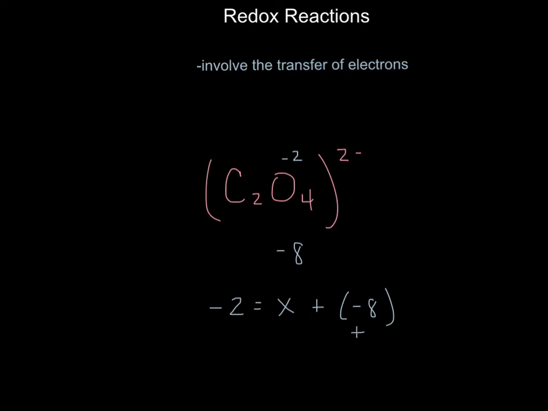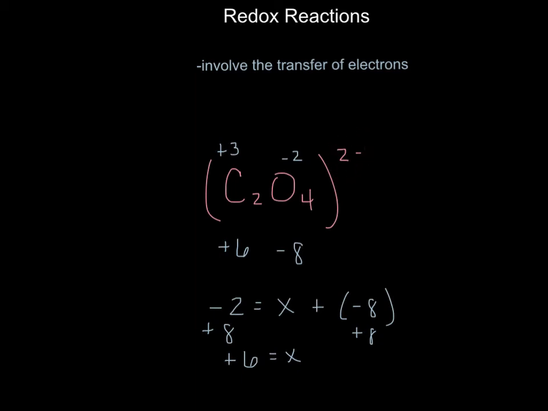If I solve this equation, +8 plus -2, I get 6 equals X. So my overall charge for my carbons needs to be a positive 6. But since I have 2 carbons, that means each of my carbons has a positive 3 charge. Positive 3 times 2 gives me a positive 6. Positive 6 minus 8 gives me negative 2, which is the overall charge of this compound.